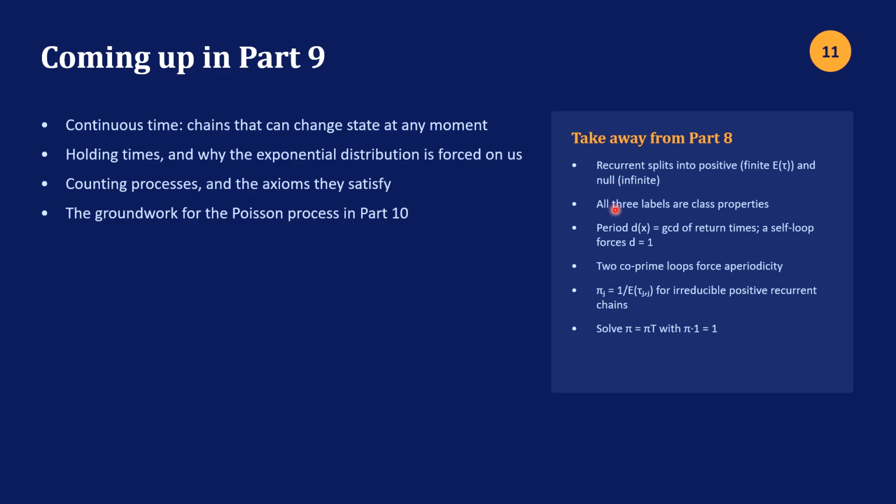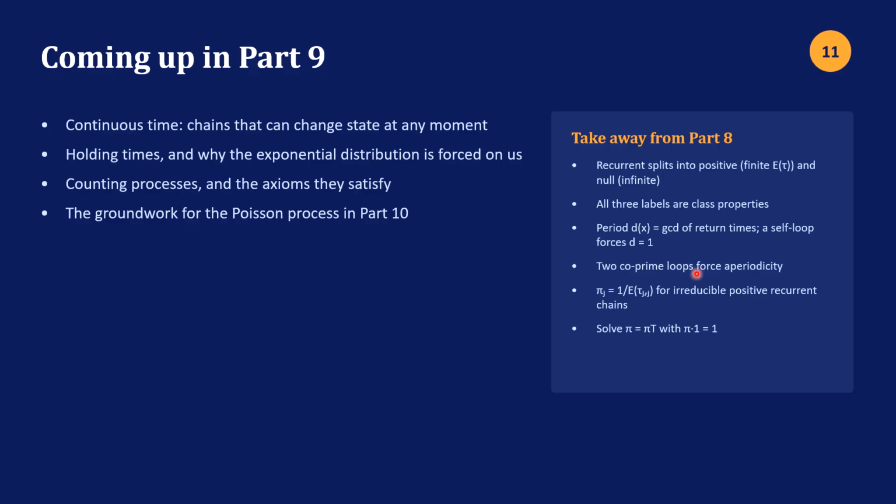All three labels, positive recurrent, null recurrent, and transient, apply to a communication class. The period d of x equals the GCD of the return times. We define that. A self loop forces d to equal 1. Two coprime loops force aperiodicity.